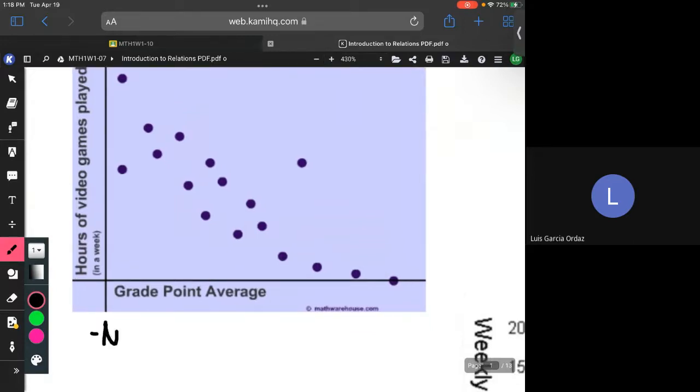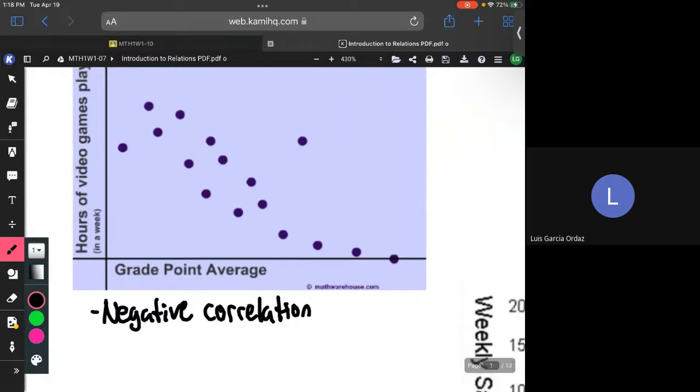But what can we say about the amount of video games played versus your grade? The more video games you play, the worse your grade is, which is sometimes not true. Yeah, it is a negative correlation. So the more games played, the worse you do.